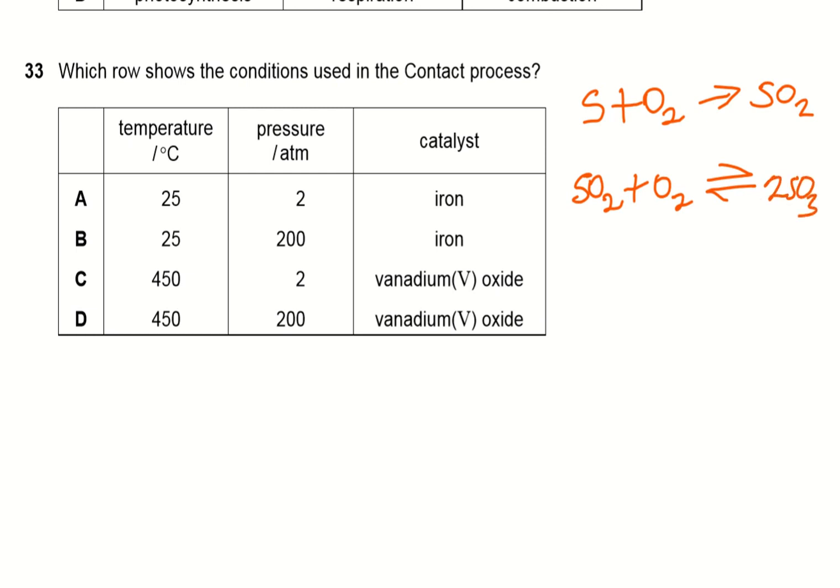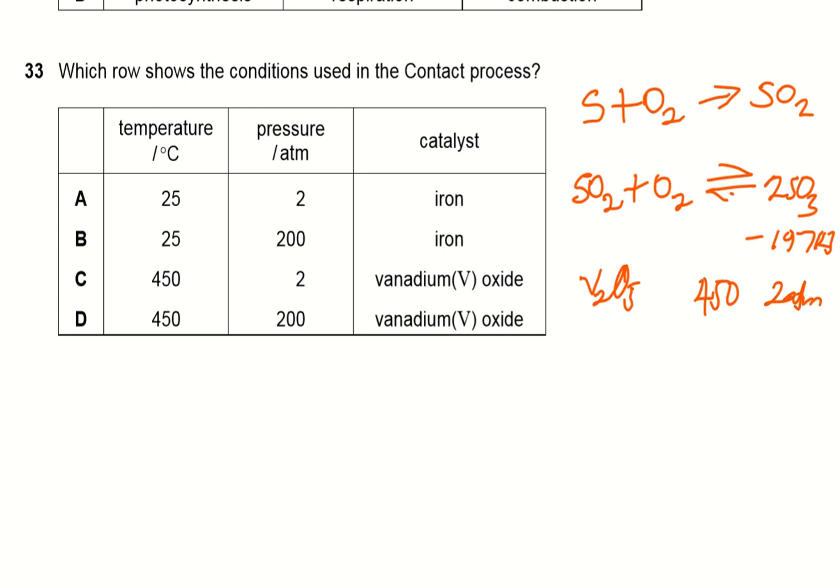That's an exothermic reaction. It has an enthalpy of around minus 197 kilojoules per mole, but that's not relevant for this. Now, this particular equilibrium reaction requires vanadium(V) oxide as the catalyst, and of course it requires high temperature, about 450 degrees Celsius, and 2 atmospheres.